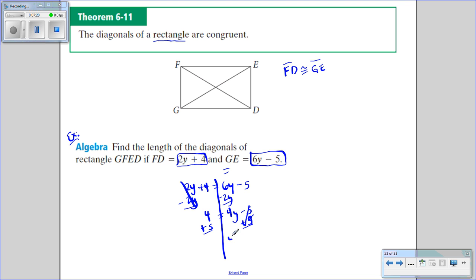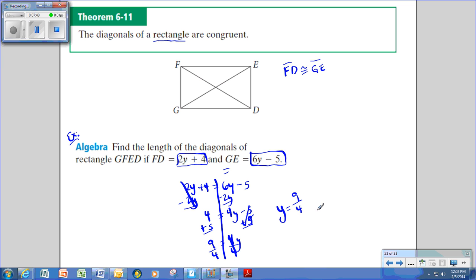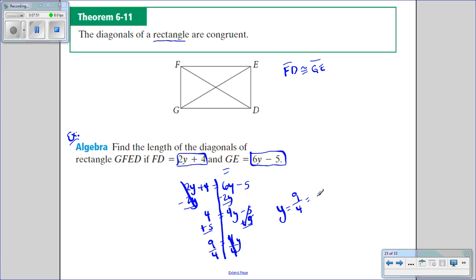So we get 4y equals 4 plus 5 is 9. Last, we will divide by 4. 4's cancel. So y equals 9 divided by 4. Now 9 divided by 4, if you do that on your calculator, is 2.25.